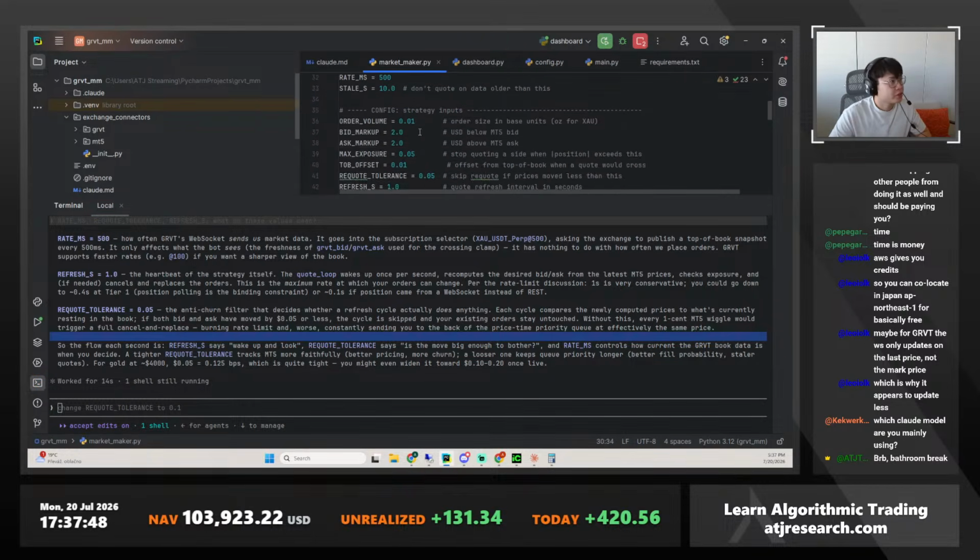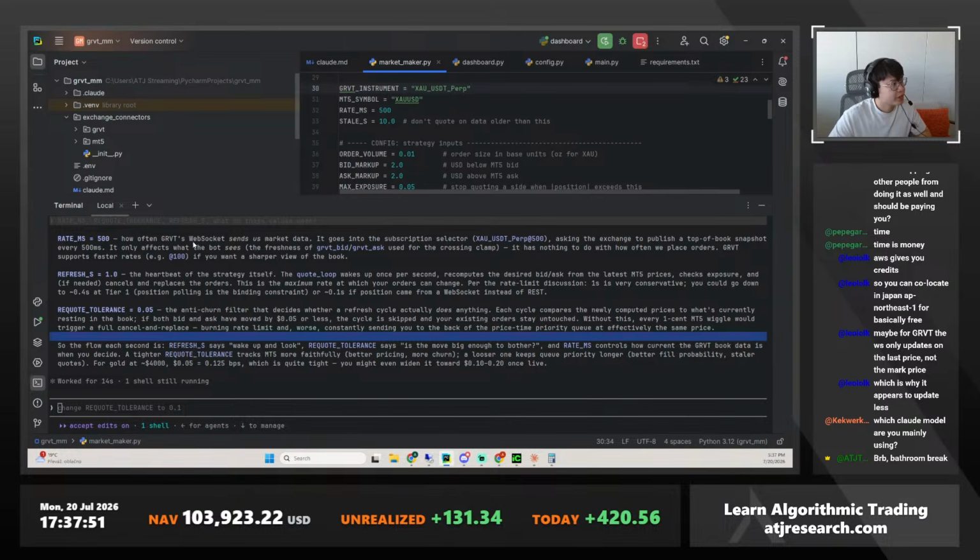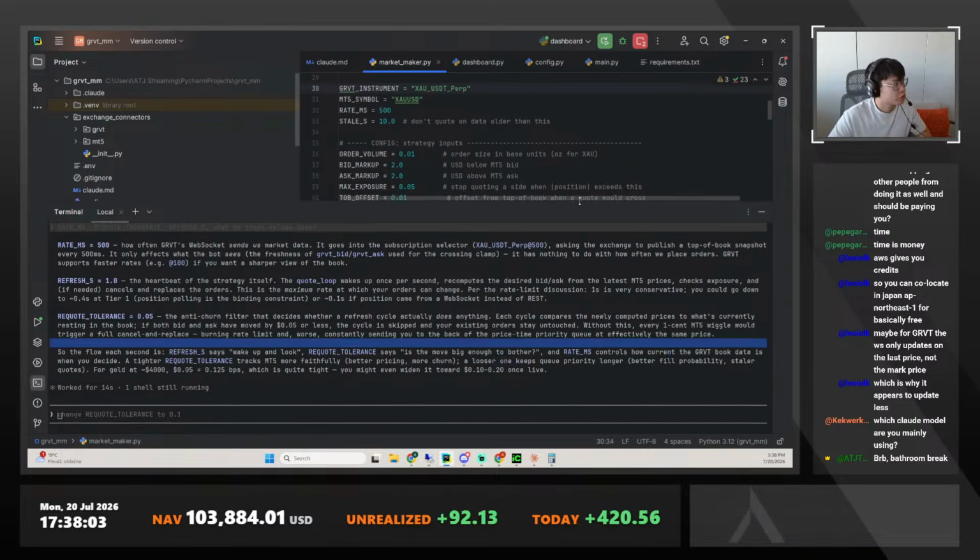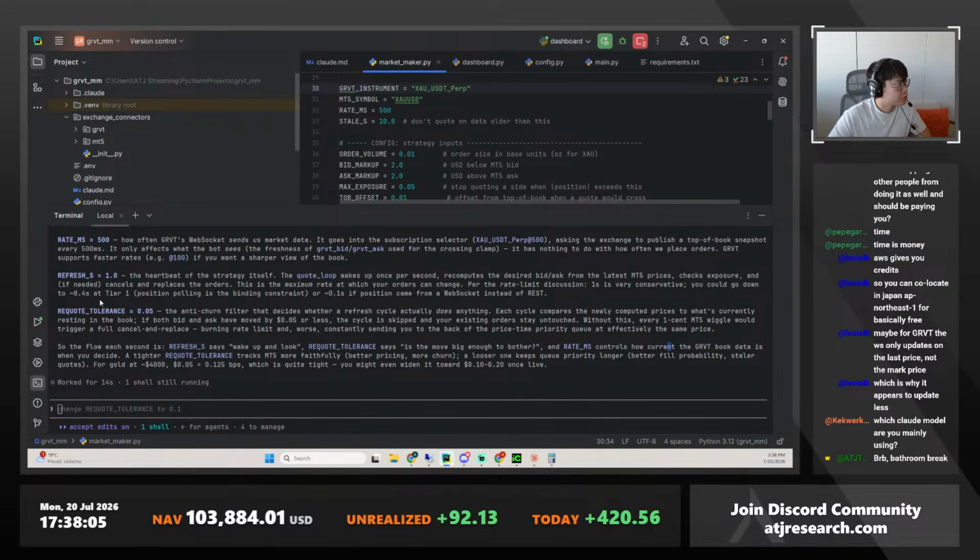It only displays the rate at which Gravity displays the things, and the refresh is the heartbeat of the strategy. So here we should set it to 250. You could go down to 0.4 at tier 1.